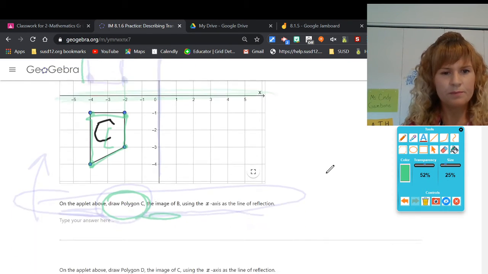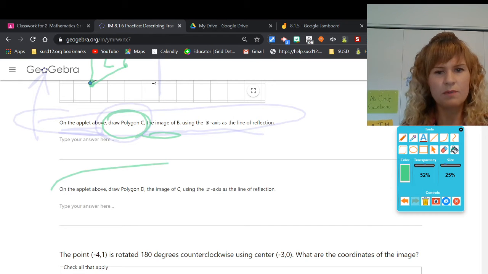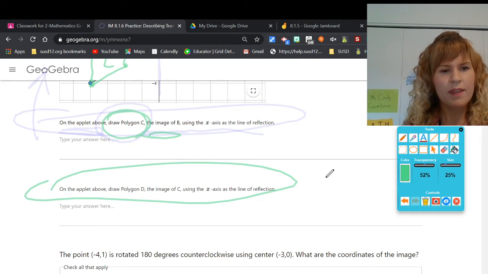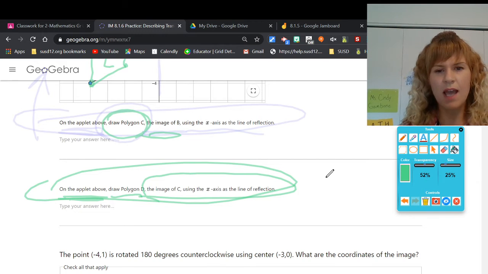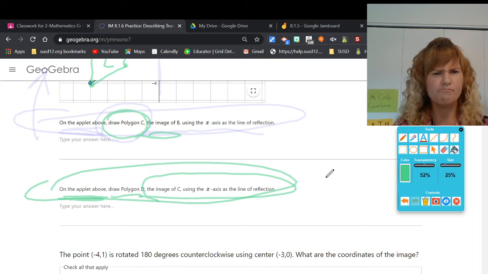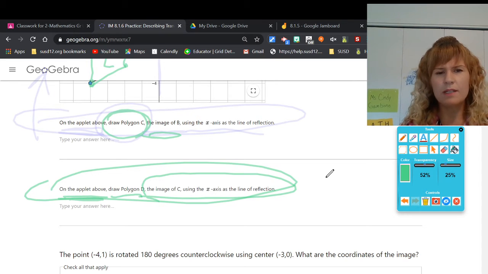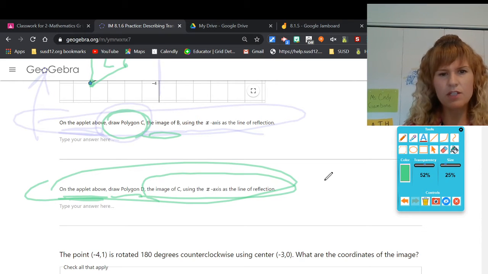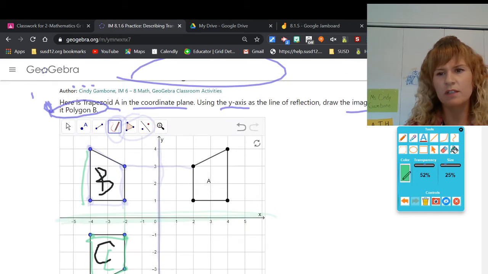Let's keep reading. The next set of directions say, on the applet above, draw polygon D, the image of C using the x-axis as the line of reflection.